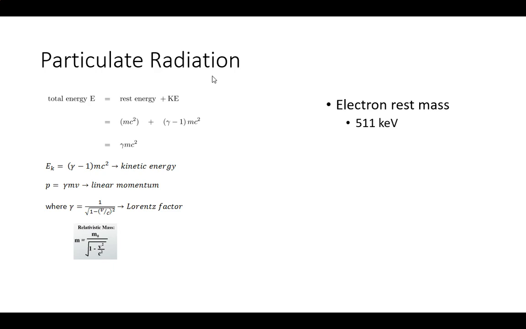If you think the total energy is the Lorentz factor times mc², and the rest energy is just your regular mass times c squared, therefore the difference, gamma mc squared minus mc squared, is going to give you your kinetic energy. It turns out when v gets small, that just reduces to 1/2 mv squared.